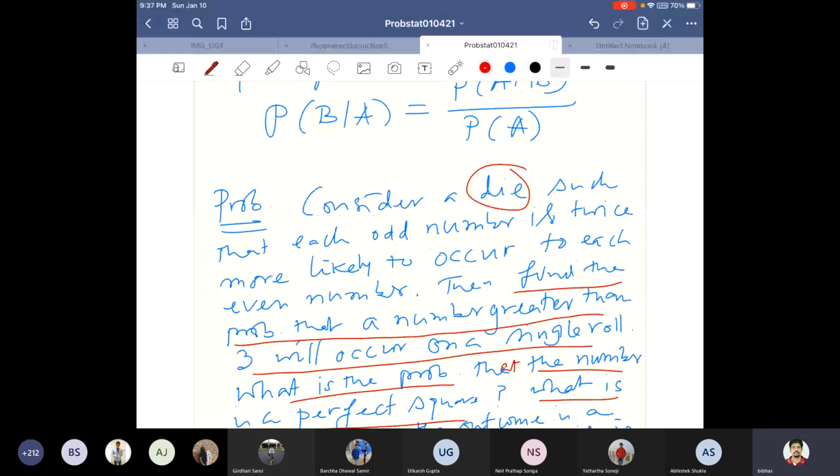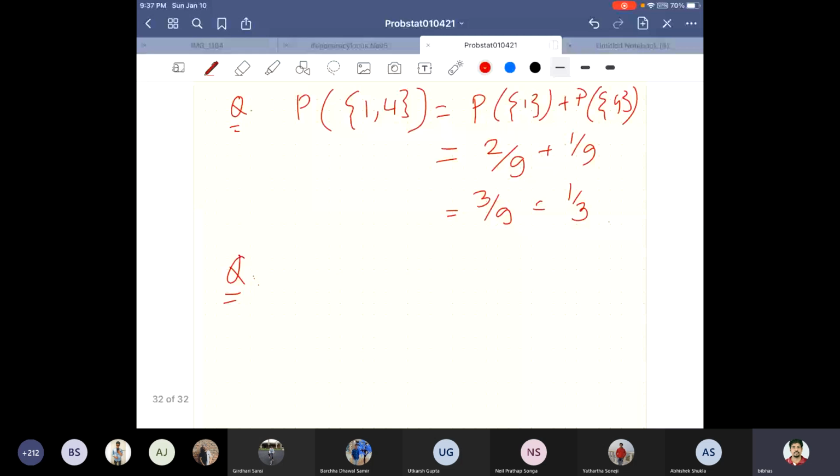So basically the question is, if A denotes the event that the number appeared is greater than 3, and let's say B is perfect square.